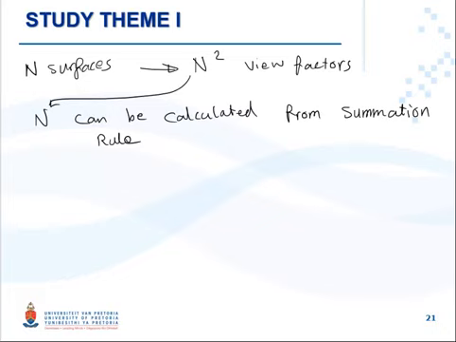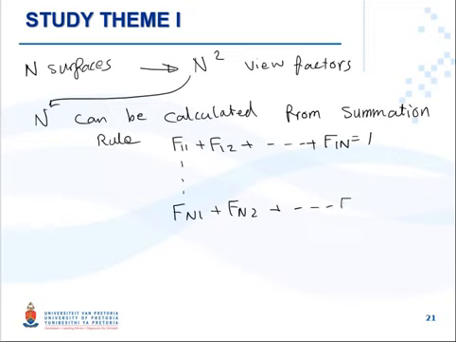Because we have n surfaces and we can write n equations like F11 plus F12 plus up to F1n is equal to 1, and we can continue to Fn1 plus Fn2 up to Fnn is equal to 1. So we have n equations like that.